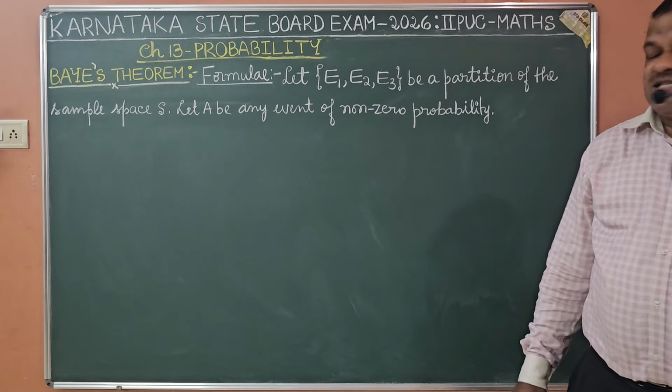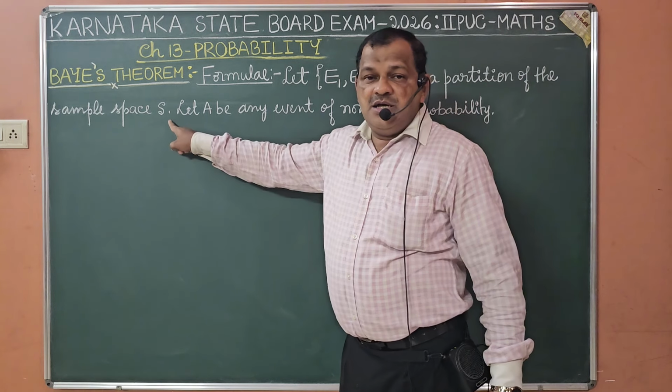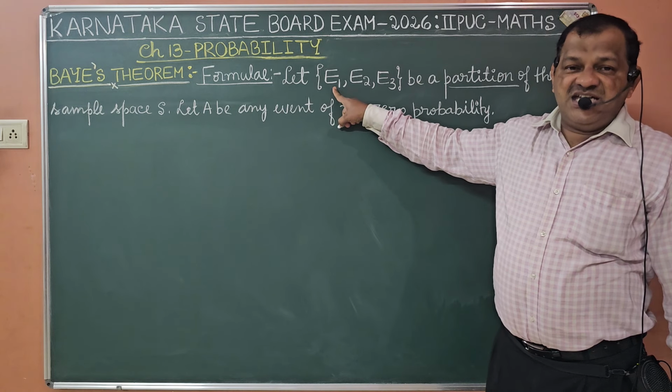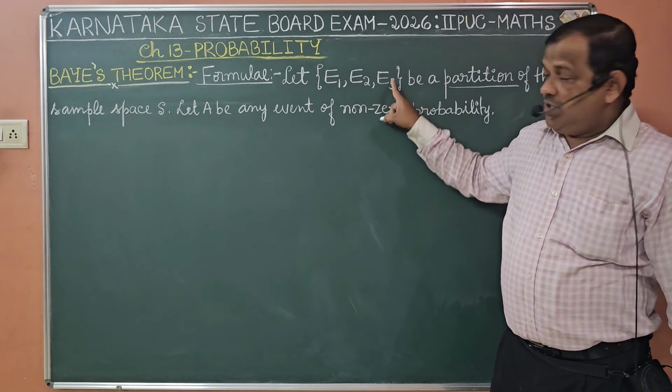So if the sample space S is made up of a partition which contains 3 events, say E1, E2, E3. Let A be any event of non-zero probability.